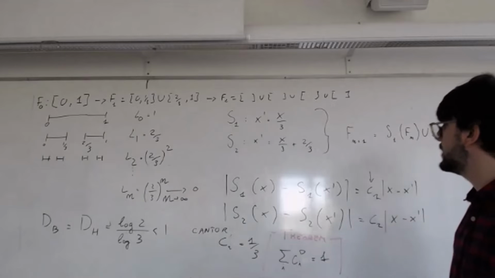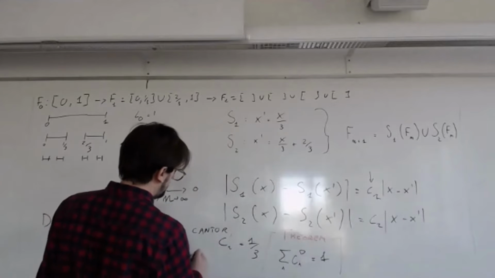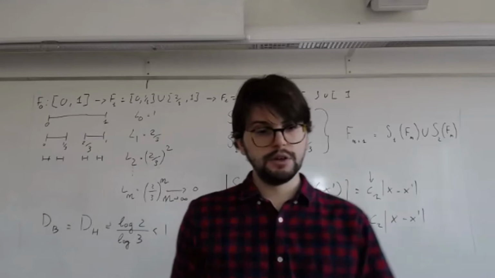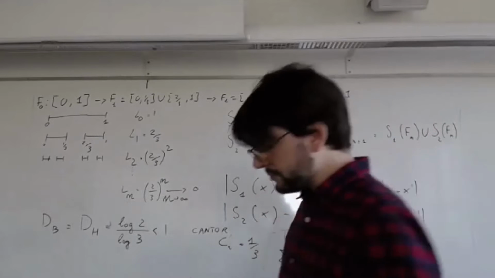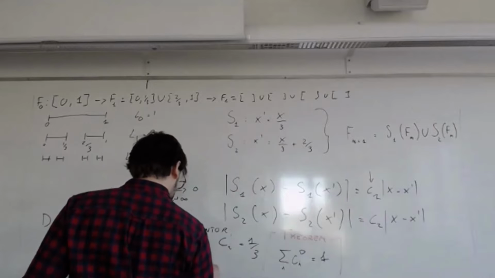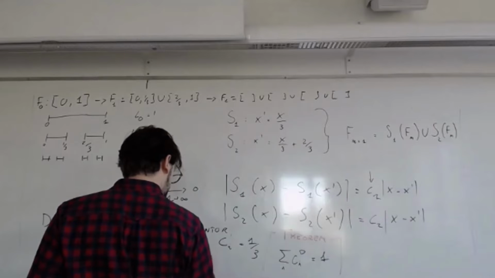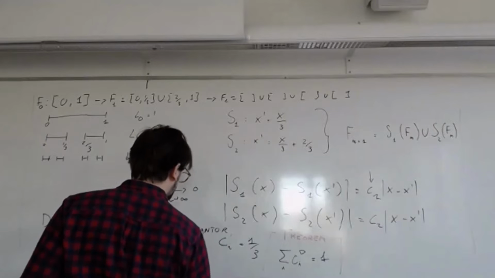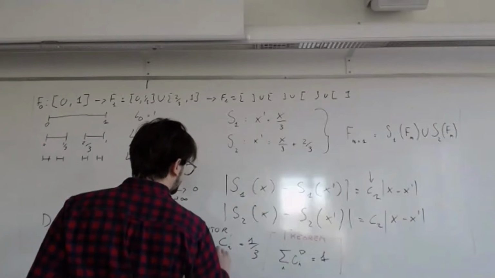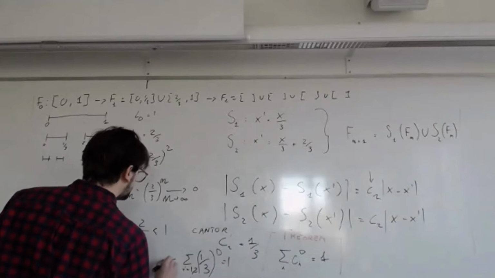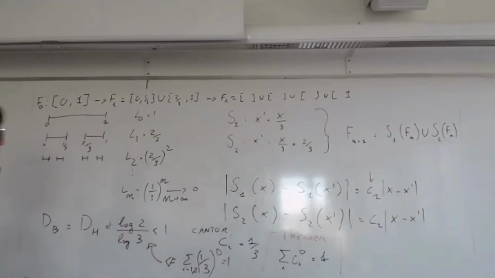So in the Cantor case, you have the sum for I that goes 1 and 2 of 1/3 to the D is equal to 1. So then it follows that the dimension is equal to this. Okay?